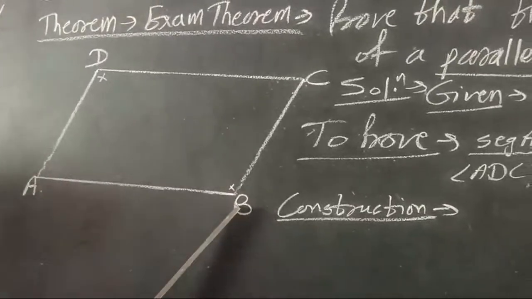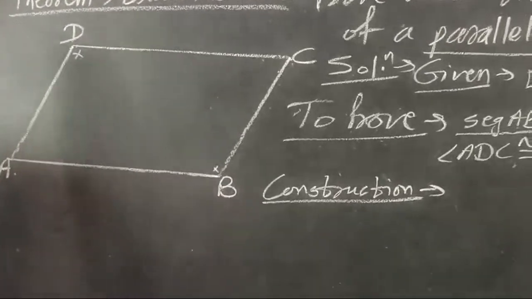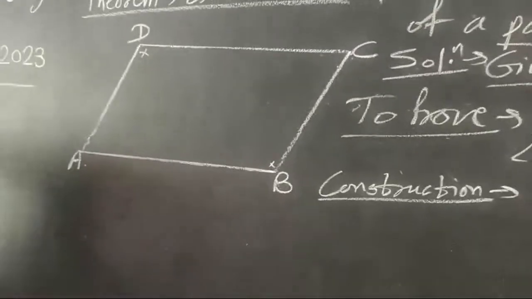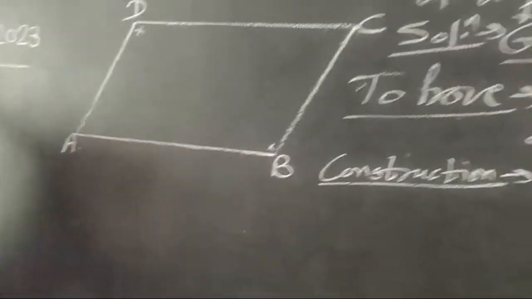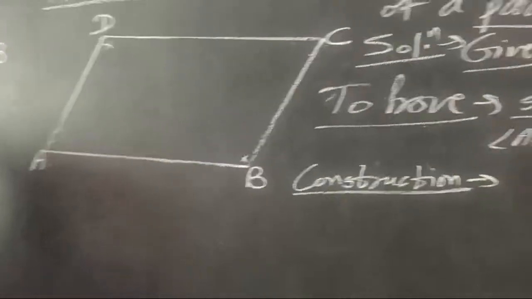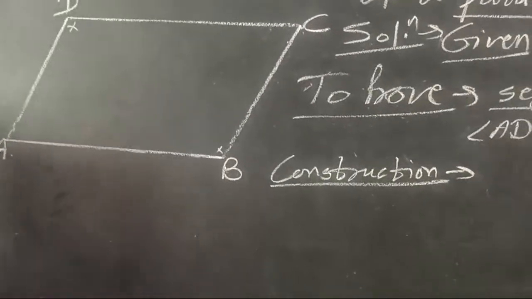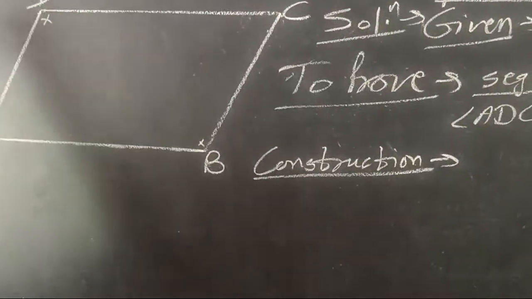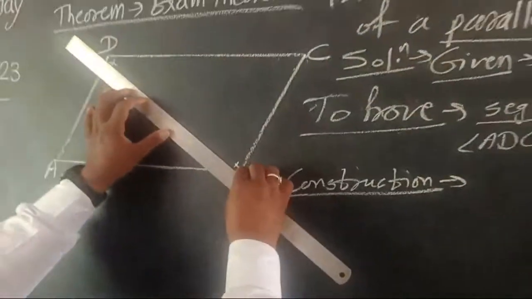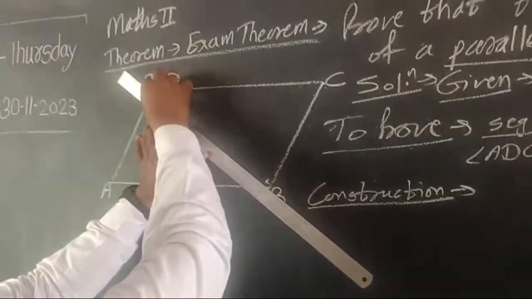DAB. For that purpose, what do we join? For getting triangle DAB. Good. Join segment DB. Good answer given.